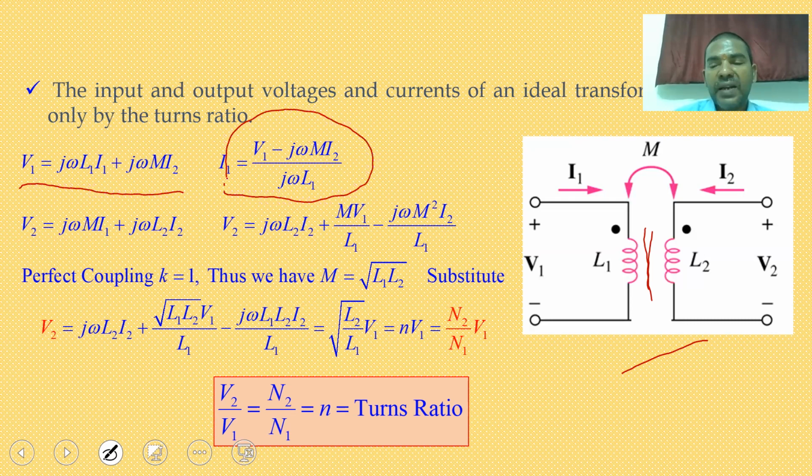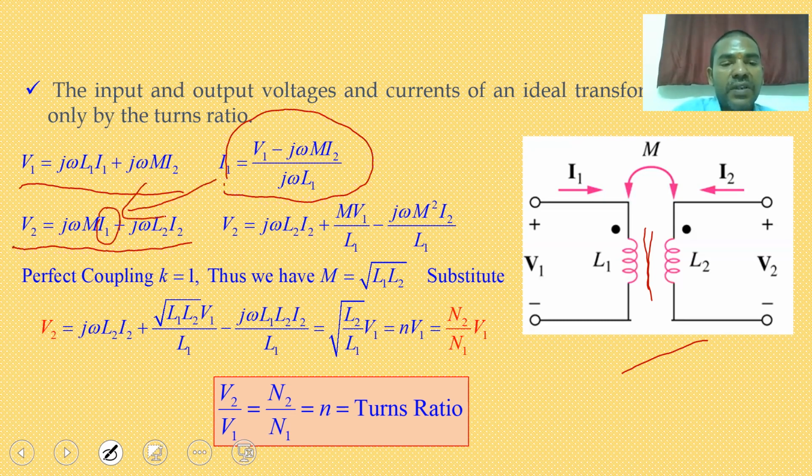Now I am writing the equation at the secondary side, coil 2. V2 is equal to j omega M I1 plus j omega L2 I2. Now I am substituting I1 from the above.